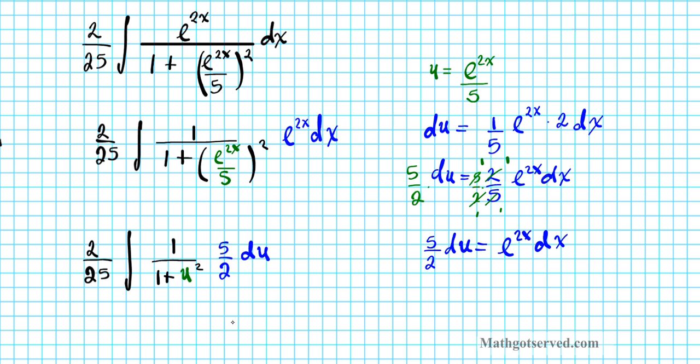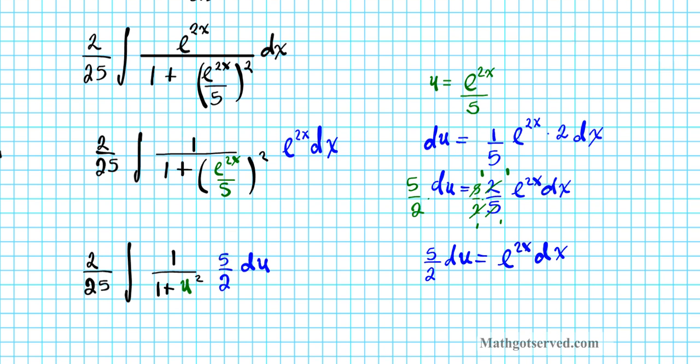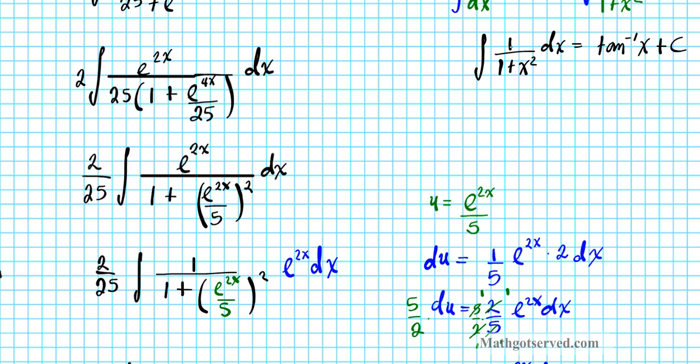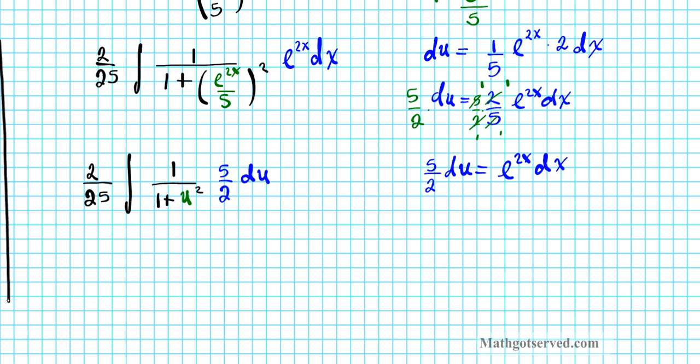All right? Now we're almost there. Remember, the goal is to get the integrand looking like this right here, 1 over 1 plus x squared. Okay? All right, so to accomplish that, we're going to factor out 5 over 2.